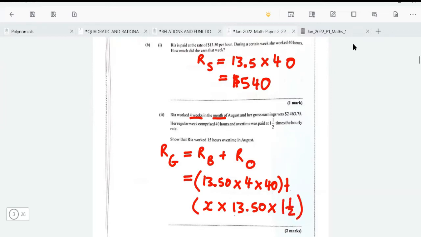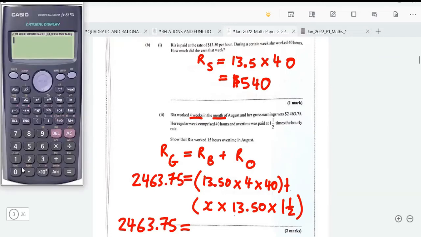And we know that all of this is equal to 2,463.75. So if we simplify this equation, it's going to become 2463.75 equals, you put this part in a calculator, 13.5 multiplied by 4 multiplied by 40.